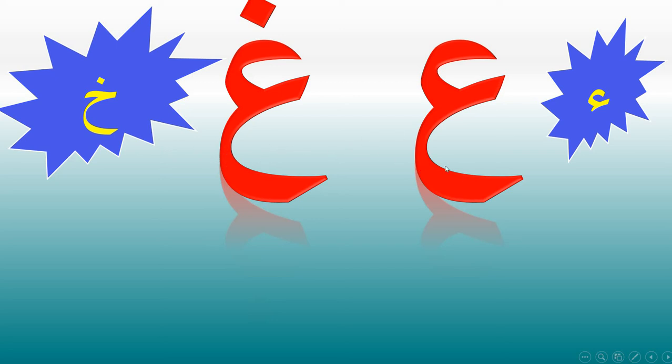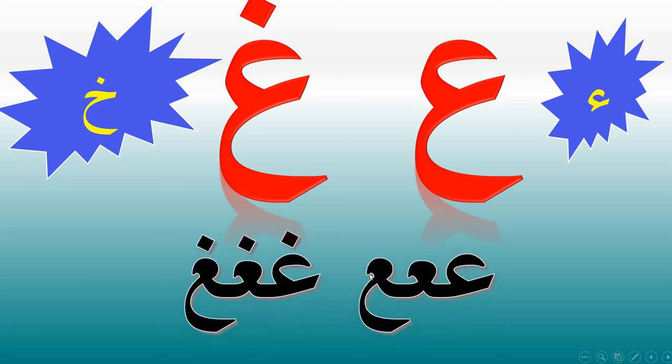How to find Ayn and Ghayn in words. Ayn and Ghayn change a little, not like usual letters. This is Ayn in the initial form. It looks a little like Hamza, but don't mix them up. Ayn is joined with other letters, but Hamza is not joined at all. It just comes on some letters.